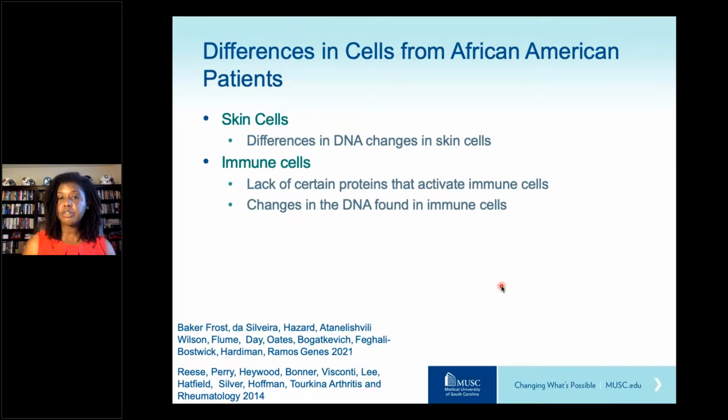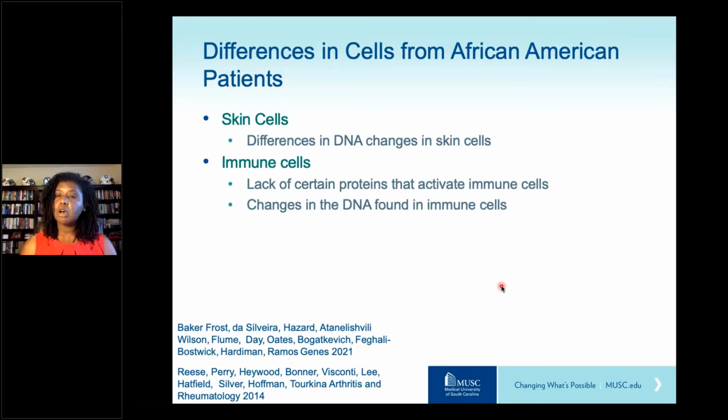And there have been differences that have been noted in the modifications of the DNA between African American and non-African American patients. And that's important because these modifications of the DNA can have effects on the types of genes that are transcribed or genes that are turned on, and proteins that are made that could have effects on how a patient responds to medication or how long they survive with the disease.